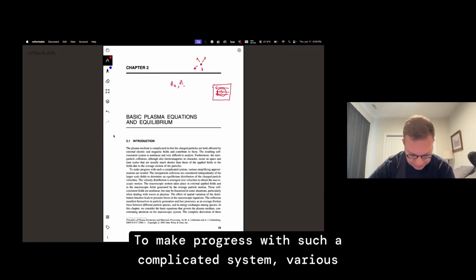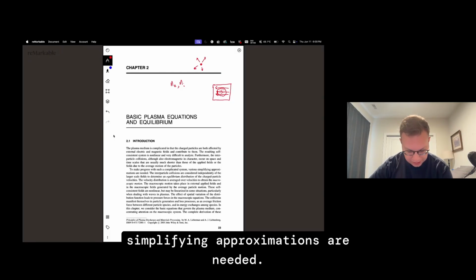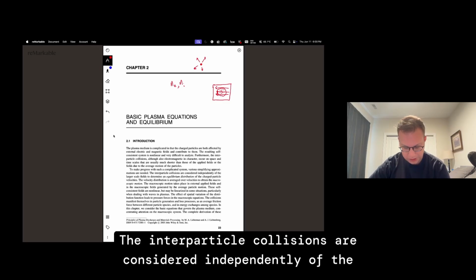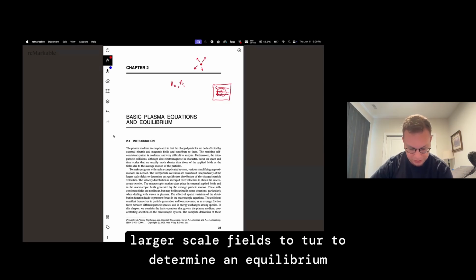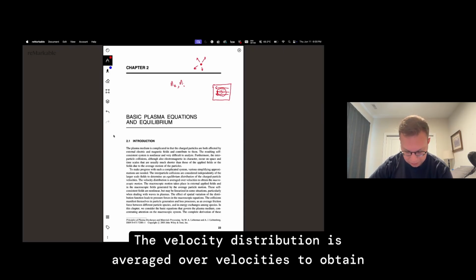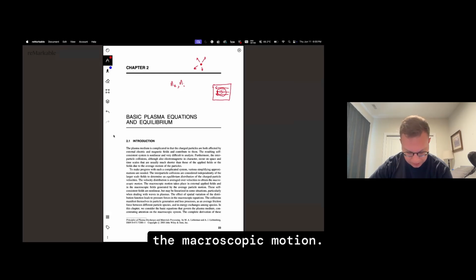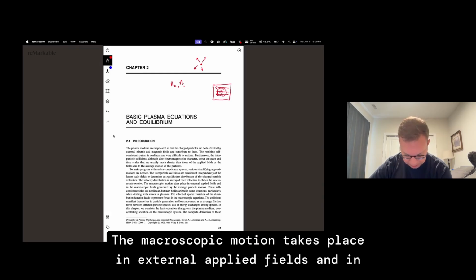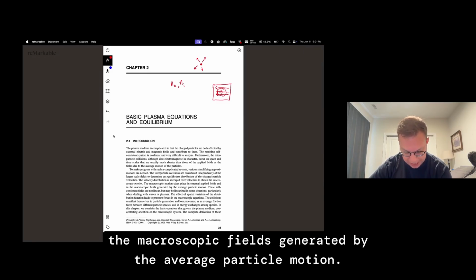Okay, continuing on. To make progress with such a complicated system, various simplifying approximations are needed. The interparticle collisions are considered independently of the larger scale fields to determine an equilibrium distribution of the charged particle velocities. The velocity distribution is averaged over velocities to obtain the macroscopic motion. The macroscopic motion takes place in external applied fields and in the macroscopic fields generated by the average particle motion.